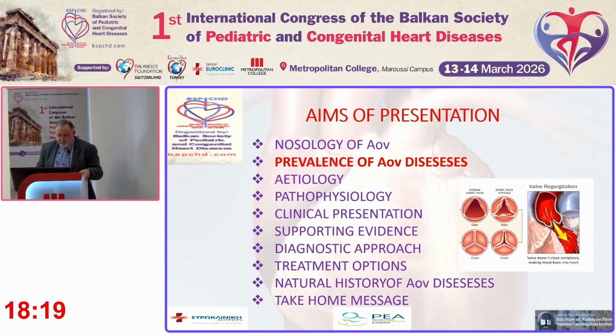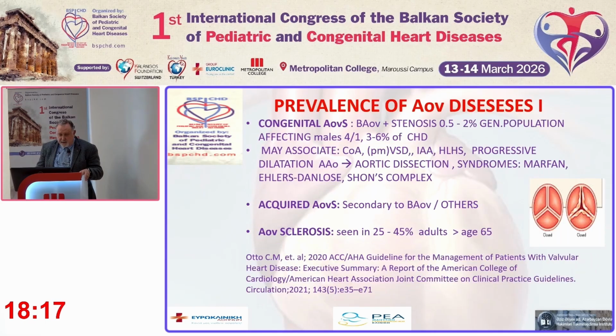We can also have mixed forms in which we have either the predominance of stenosis versus regurgitation or regurgitation versus stenosis. The prevalence of congenital aortic valve stenosis is quite high if we take into consideration that the bicuspid aortic valve is the most common congenital heart disease. We have prevalence studies in which we find from 0.5 to 2% of the general population born with bicuspid aortic valves.